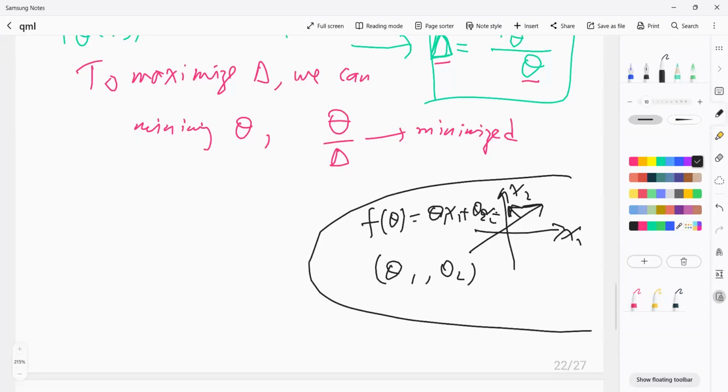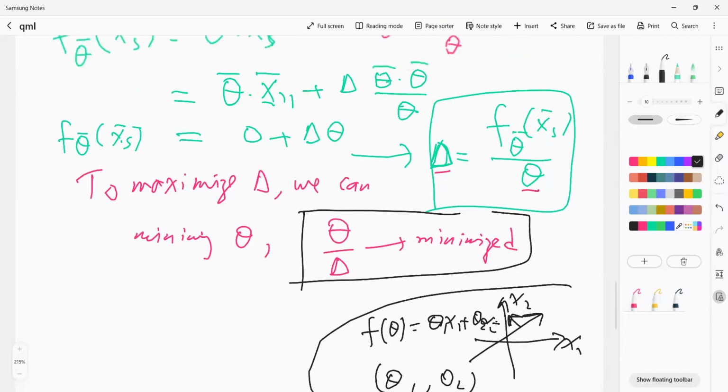Okay, so let's come back here, that we have to minimize this thing to get the maximum margin. And there is a constraint as well.